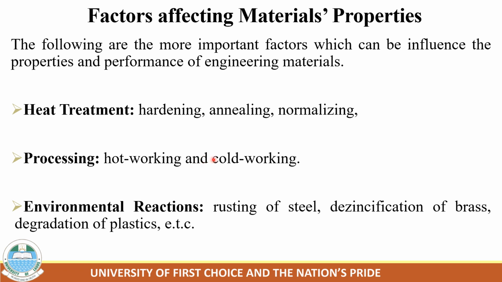Due to the environmental reaction, that is why the majority of the equipment or apparatus in the laboratory, especially the chemistry laboratory, are made of stainless steel, because stainless steel has a barrier against rusting. So rusting is one of the environmental reactions that affects the property of the material. And also dezincification of brass.